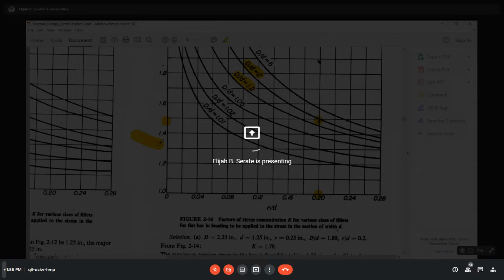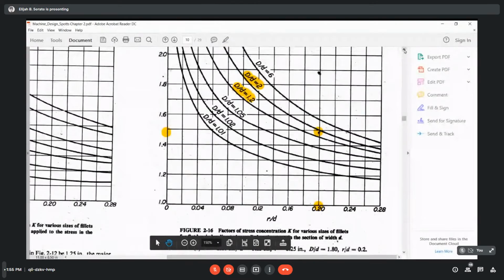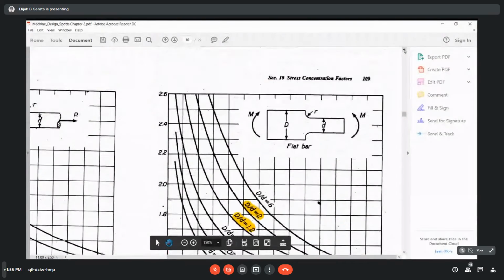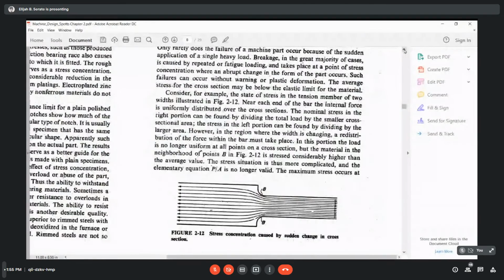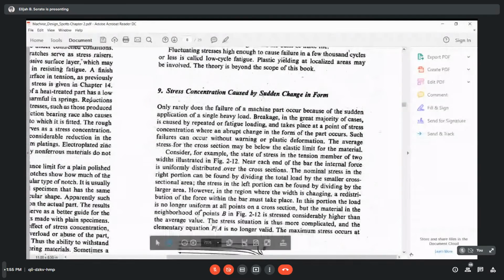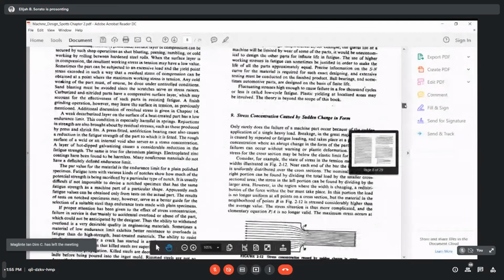Can you see what I'm sharing, class? Can you see what I'm sharing? Yes, sir. Okay, let's look at 2-11. Where is it? 2-11. It should be at the top.